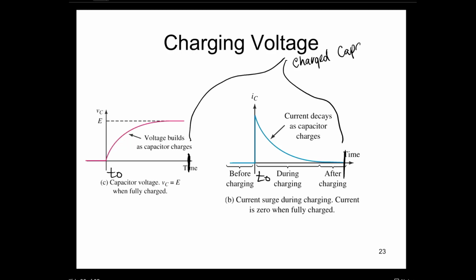Once the capacitor is charged, remember we have I equal to 0, like what we said in the previous slide, and VC equal to E source. Notice how the red curve is indicating that the voltage has reached its maximum value when the capacitor is charged, a value of Vs, and I is equal to 0.